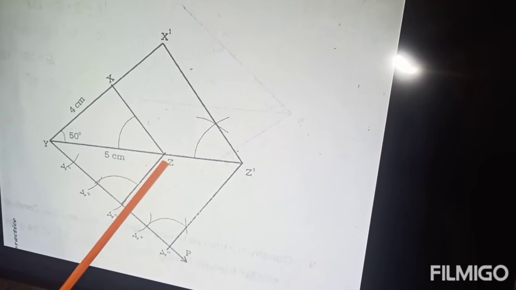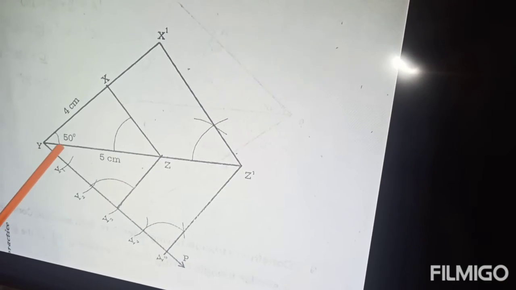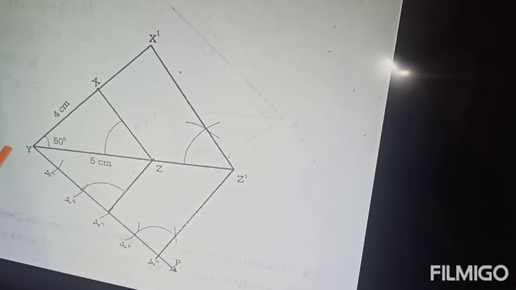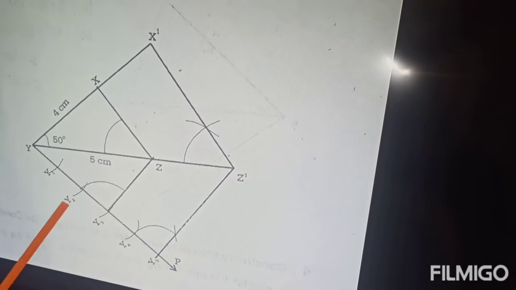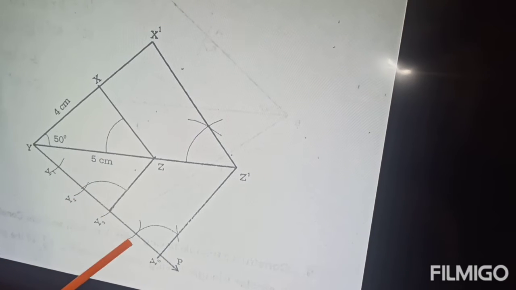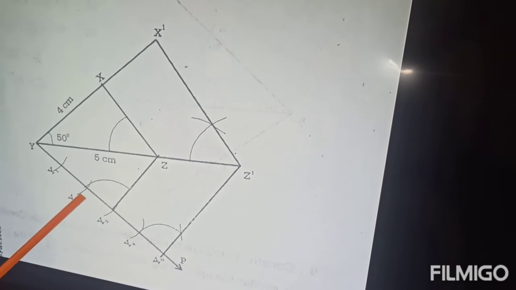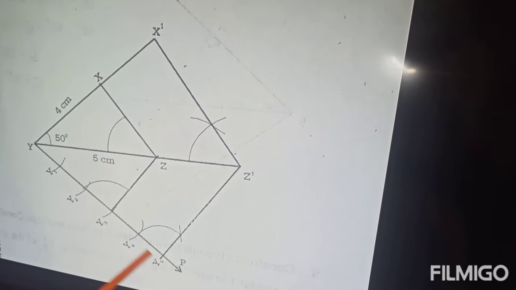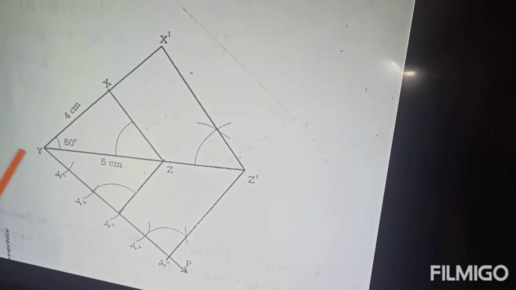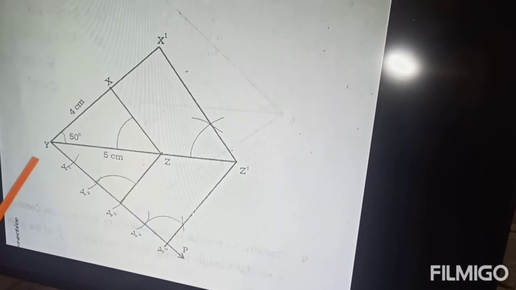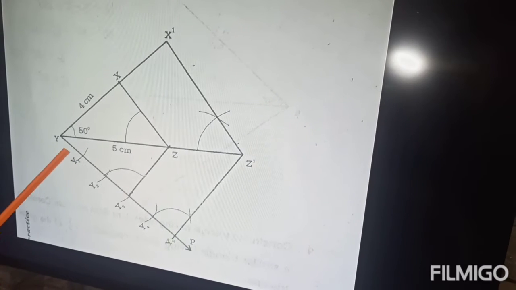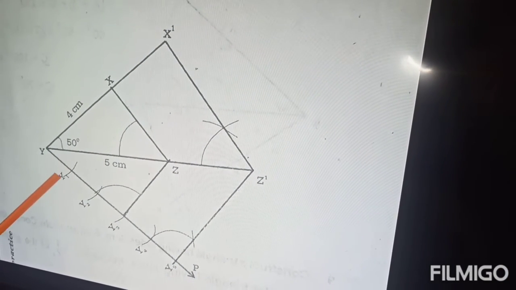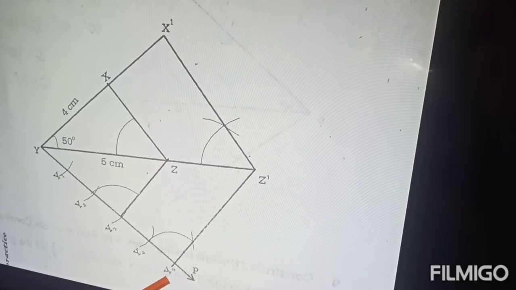That should be an acute angle, any degree. After constructing YP, mark 5 equal arcs named Y1, Y2, Y3, Y4 and Y5 on YP.